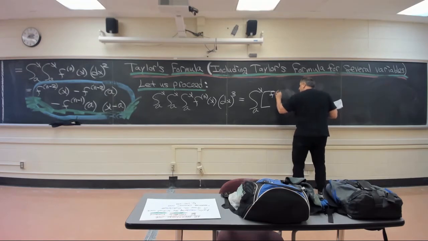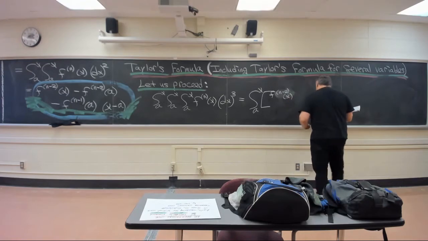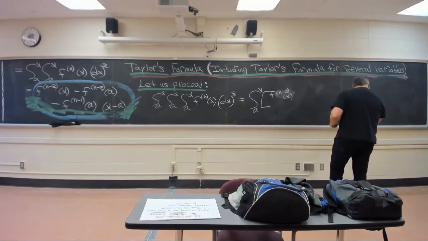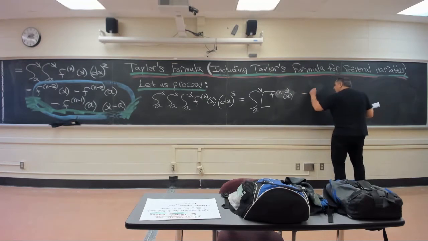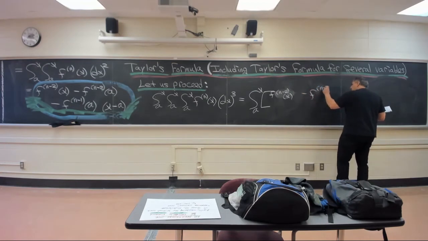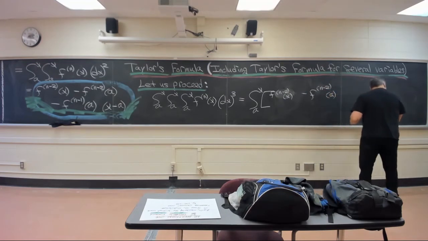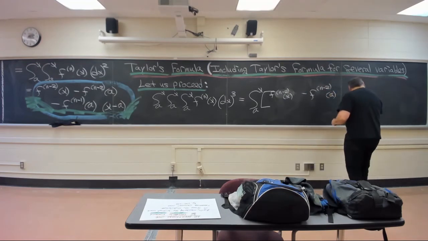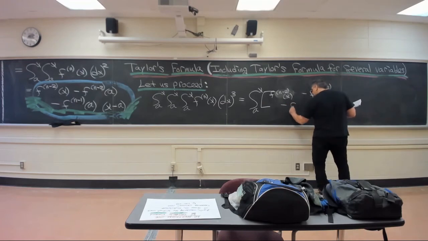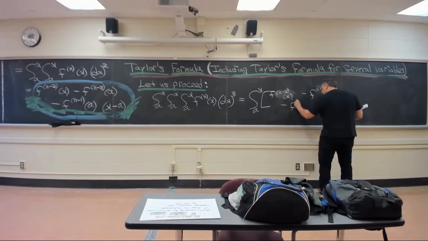Let me try to write this in there. Here's x. It's not the best writing in the world, guys, but it's the n minus 2 derivative of f at x. N minus 2 derivative of f at a. Now, a is a constant once you lock that thing in there. You write it right here.